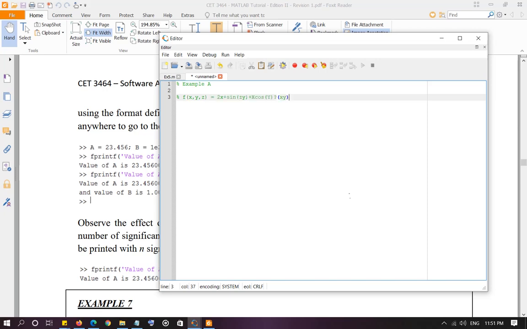Let's say we have to evaluate this equation for any value of x, y, and z.